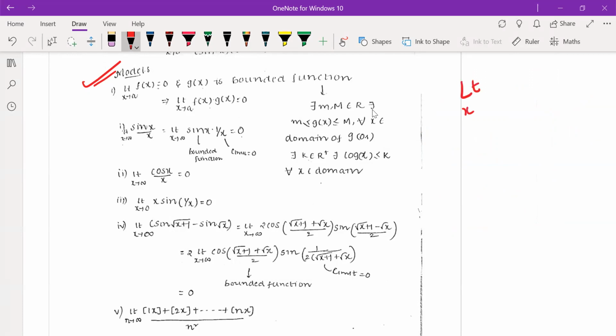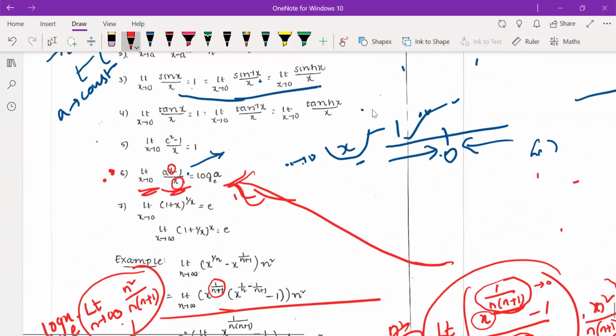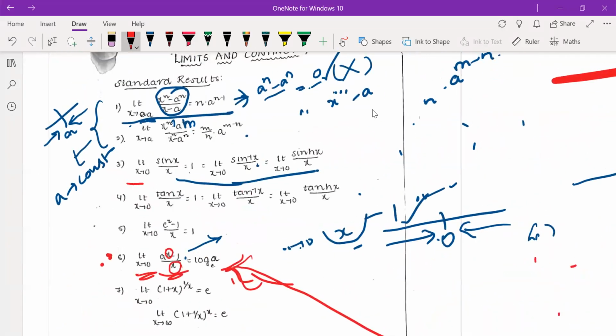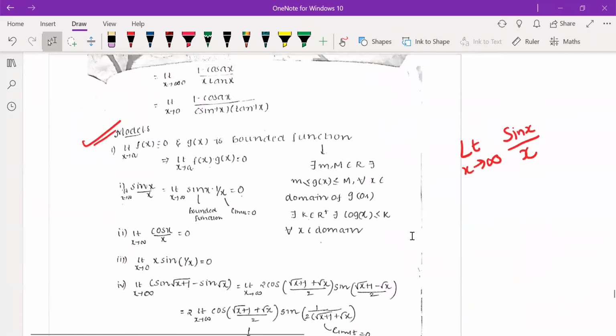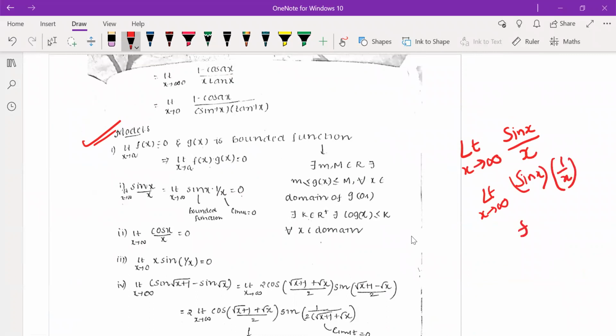Next, let's take an example. Limit x tends to infinity sin x by x. You may accidentally say this is 1, as we learned in the previous section, but that was for limit x tends to 0, where x reaches nearby 0. Here x reaches nearby infinity, a very large value. Limit x tends to infinity sin x into 1 by x. Here f of x equals 1 by x.